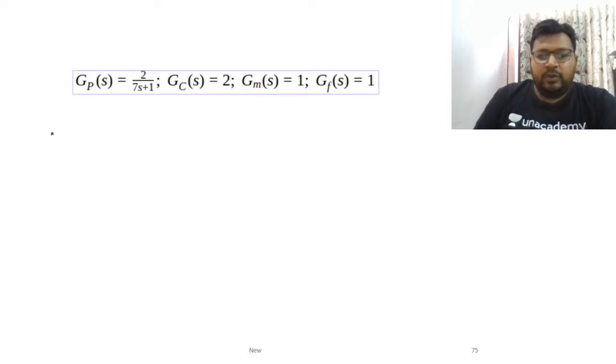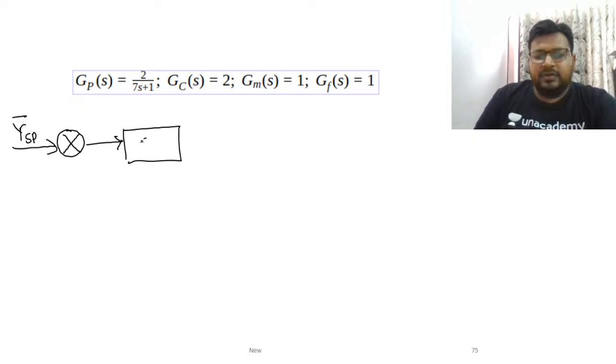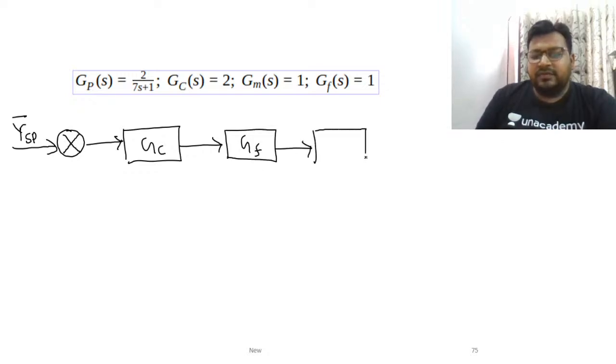Let me make the block diagram of it. So this is the set point. This is the controller transfer function. This is the final control element transfer function. This is the process transfer function.